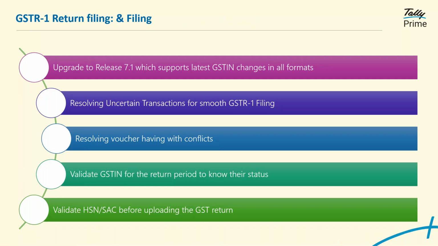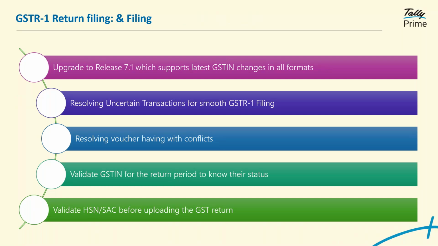Why are we telling everyone to come to the latest release? Because it will support the latest changes. We have provided all the GSTN changes and the latest enhancements that have been done. So the first important thing is you have to make sure you are on the upgraded release, release 7.1, and whatever upgraded releases are available to you, you apply them so that the GST changes are in place. That is the first thing.